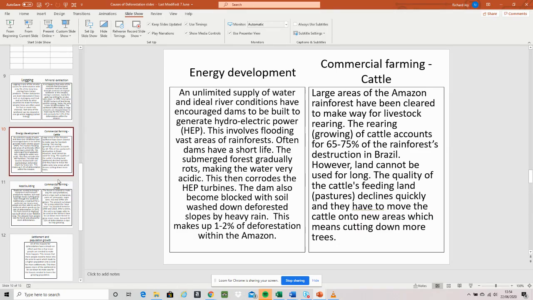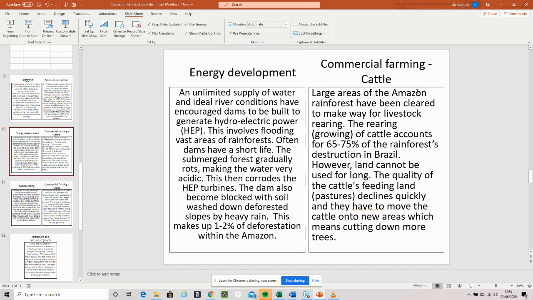We already know a lot about the soil and how easily that runs off. So again, whilst it doesn't make up a vast amount of the deforestation within the Amazon, the effects can be quite considerable.